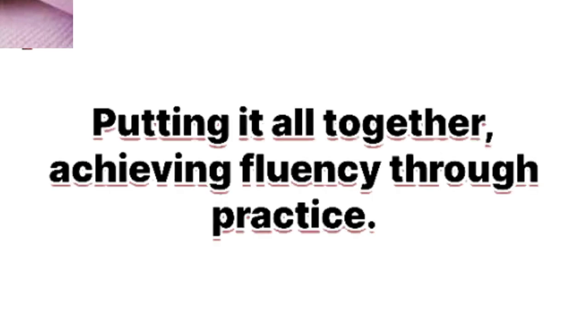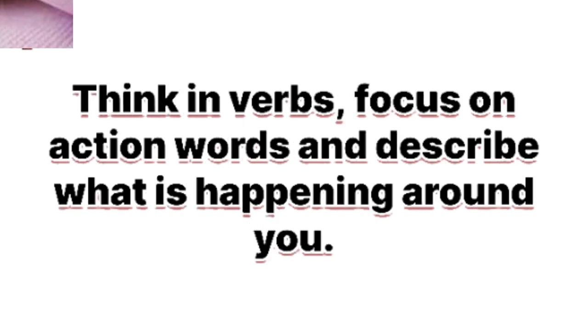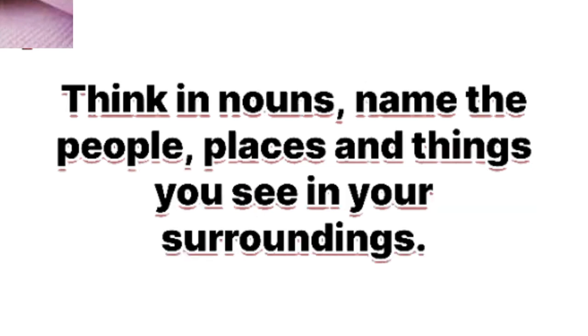Putting it all together: achieving fluency through practice. By now, you should have a clear understanding of the 4 stages of thinking in English. Think in verbs. Focus on action words and describe what is happening around you. Think in nouns.